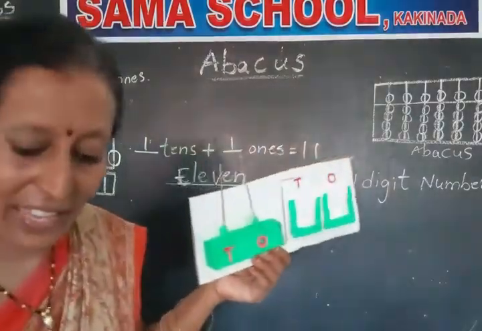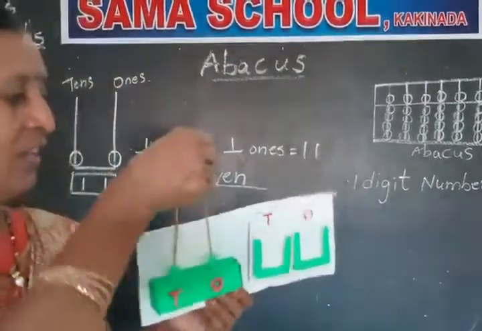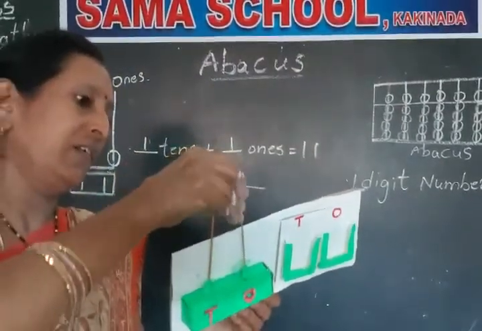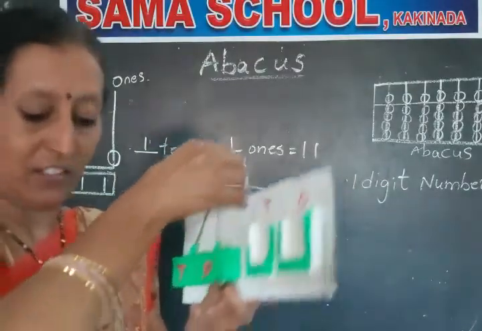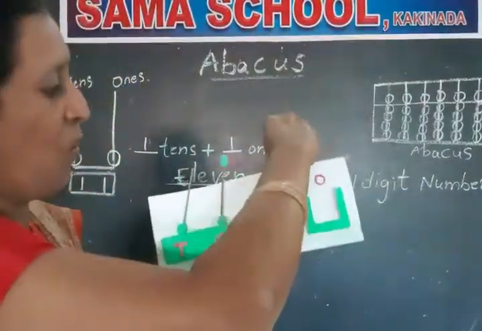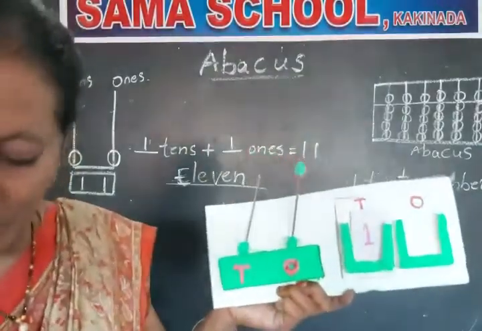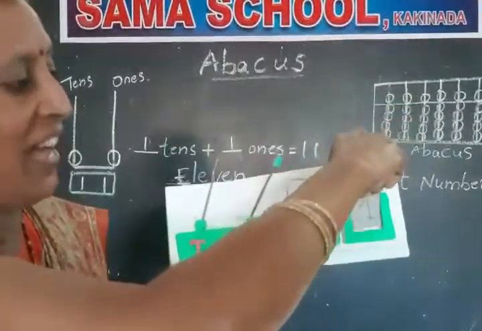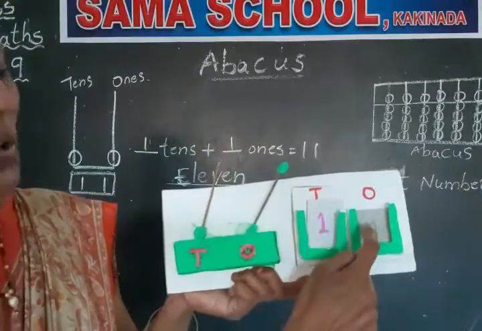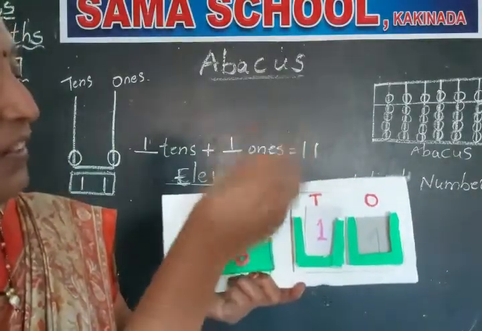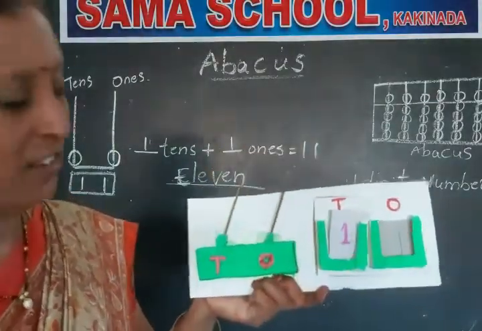Now children, again I give here. So now here, see there. 1 ten and 1 one. Now it's 11.